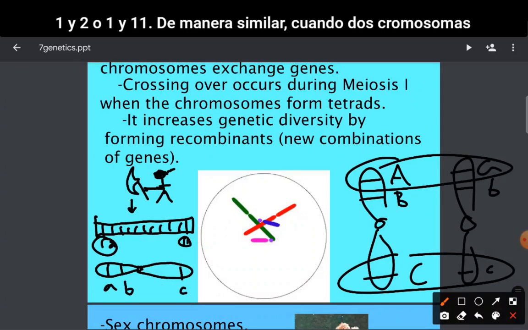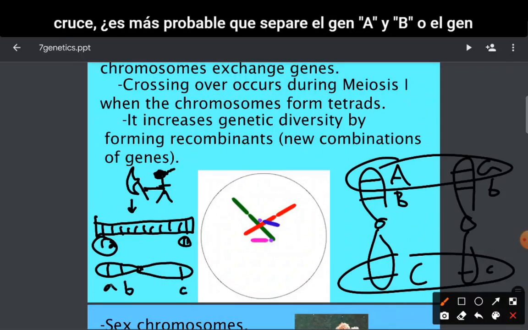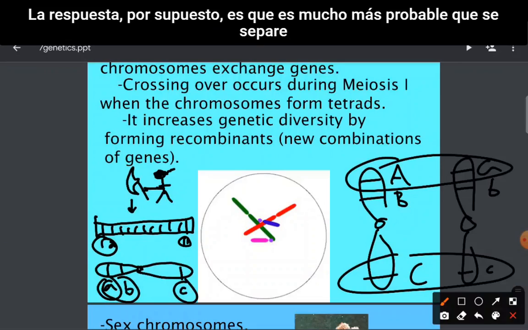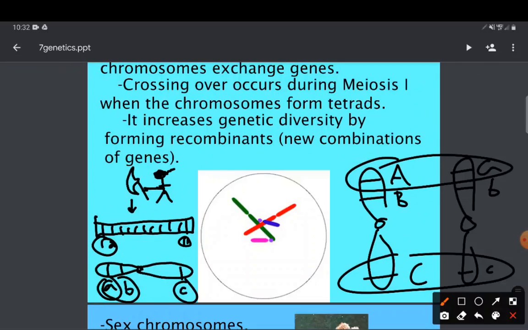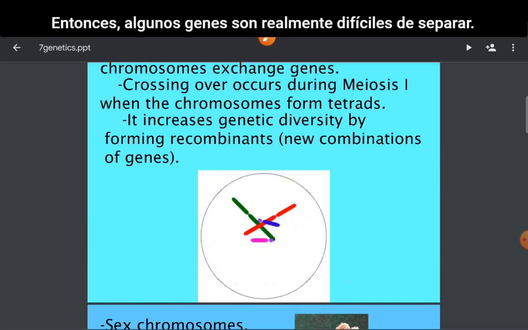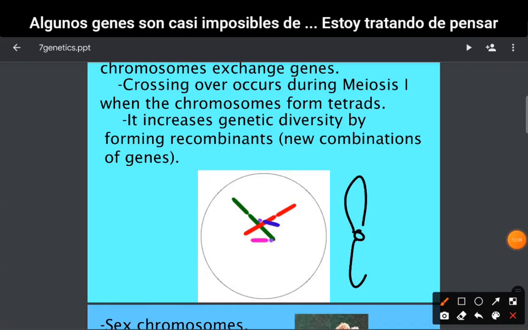In a similar way, when two chromosomes cross, are you more likely to separate gene A and B or gene A and C? The answer, of course, is you're much more likely to separate alleles in crossing over the farther they are away from each other. And so some genes are really hard to separate. Some genes are just nearly impossible to.